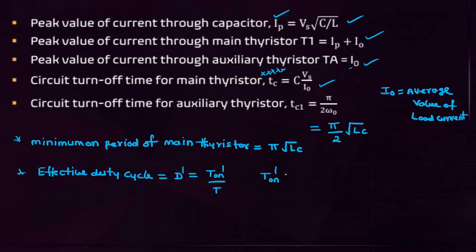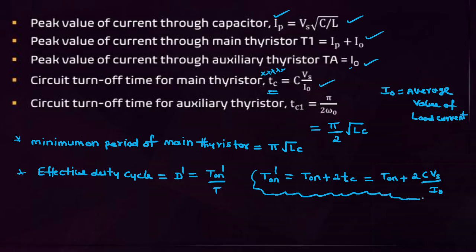T on dash is equal to T on plus 2TC. 2TC is nothing but the circuit turn off time, which you already know: 2 CVs by I0. T on plus 2 CVs by I0, because it takes the circuit turn off time 2 time intervals. That's why we get 2 into CVs by I0. What is the T on here? T on is equal to pi root LC. This is the effective duty cycle.